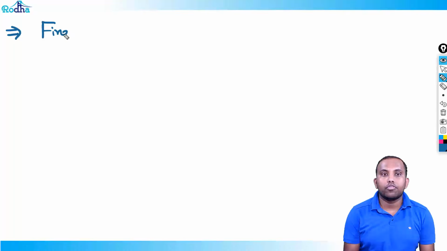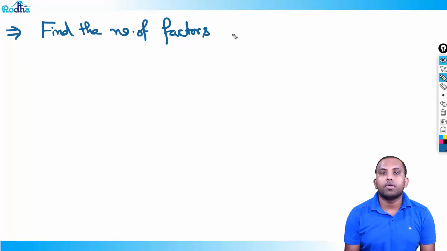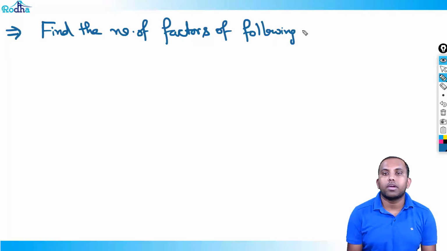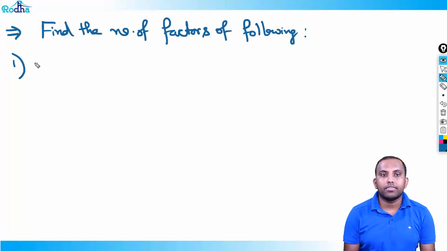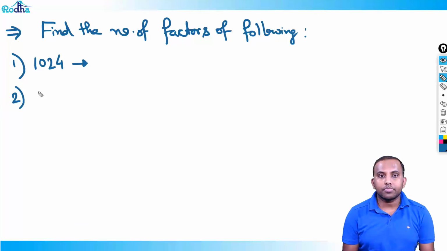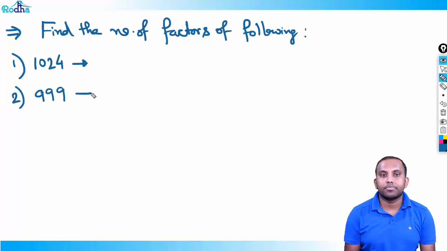Let's say, find the number of factors of the following. First one is 1024. Second one, 999.